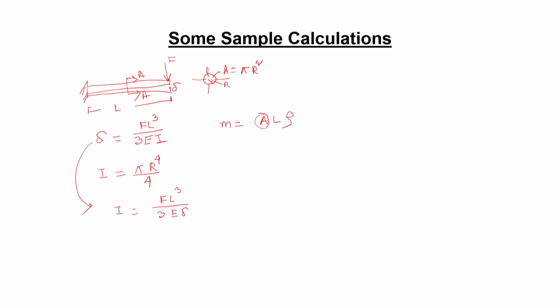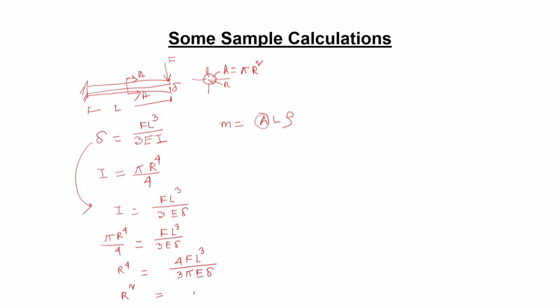Force is specified, deflection is specified, length is specified, E is so far the material property here. But then I is what? I is pi r to the power 4 over 4, so that is F L cubed over 3 E delta, and that means r to the power 4 is actually 4 F L cubed over 3 pi E delta, and that means r squared, which is what will be important.